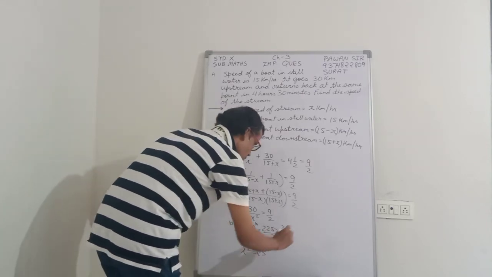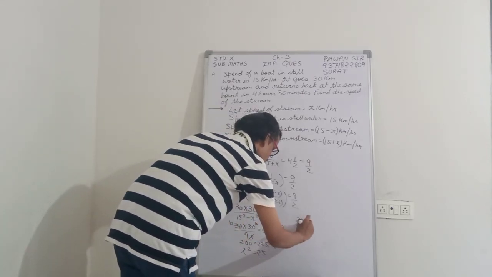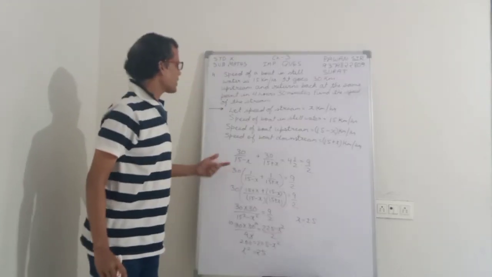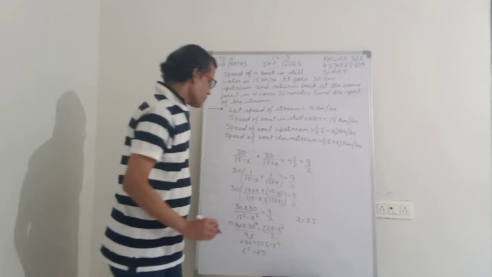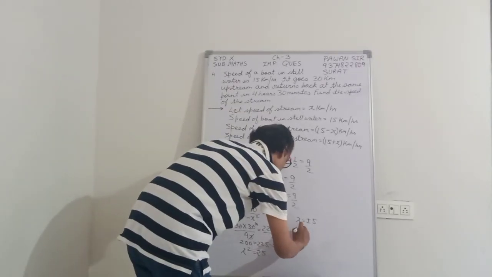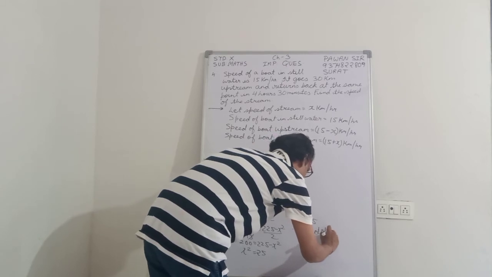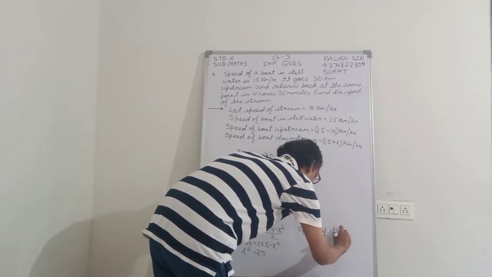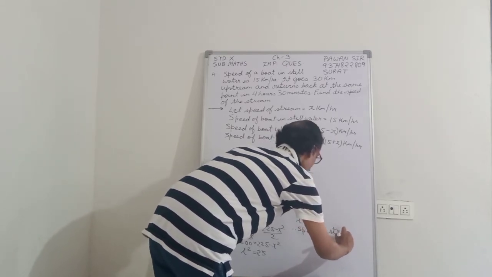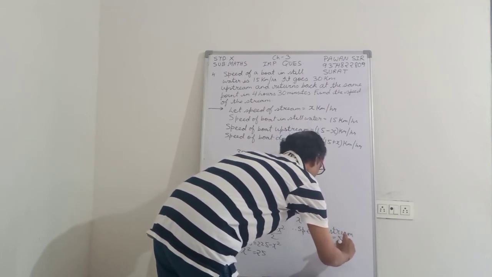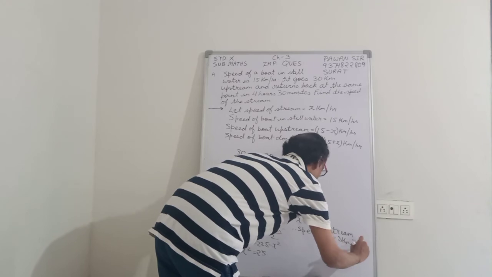So we get x equal to plus minus 5, but as you know, speed cannot be negative. Therefore, the speed of the stream is equal to 5 km per hour.